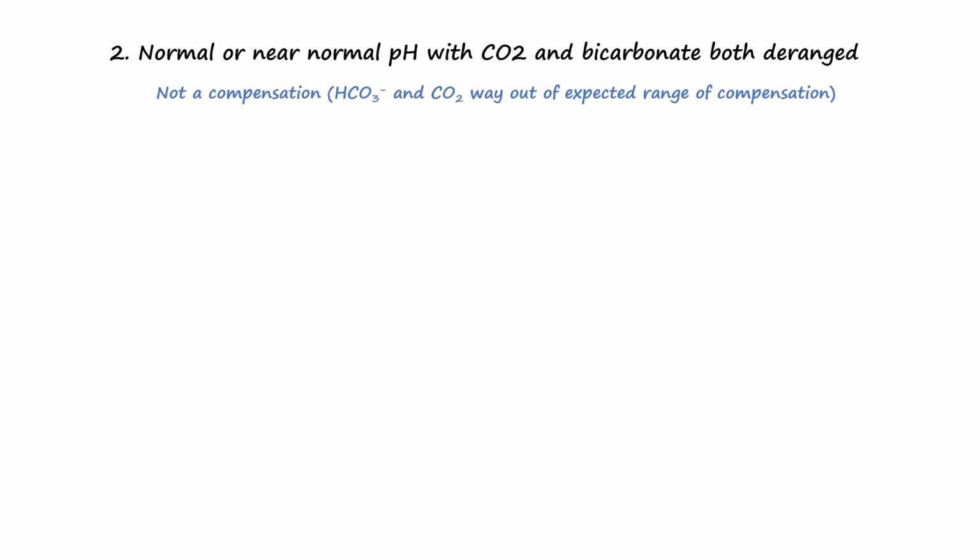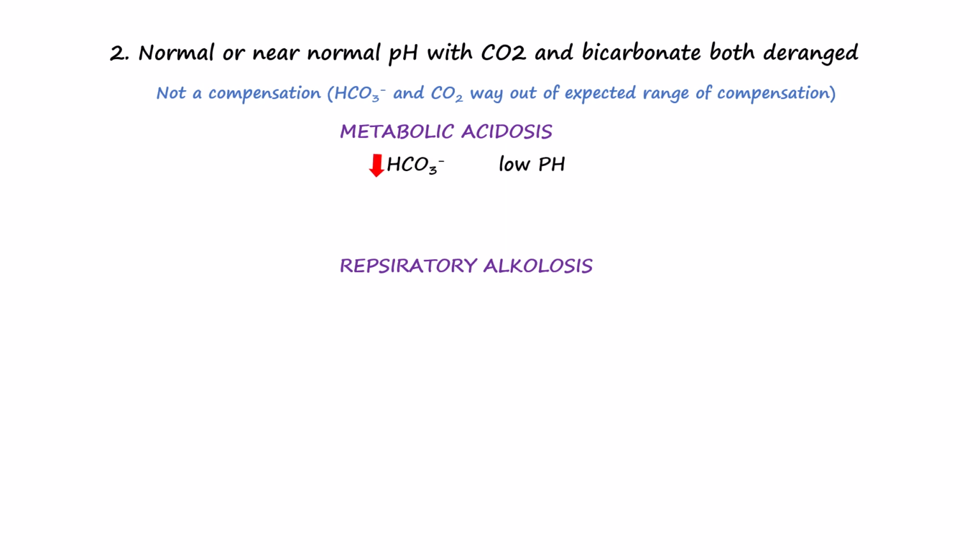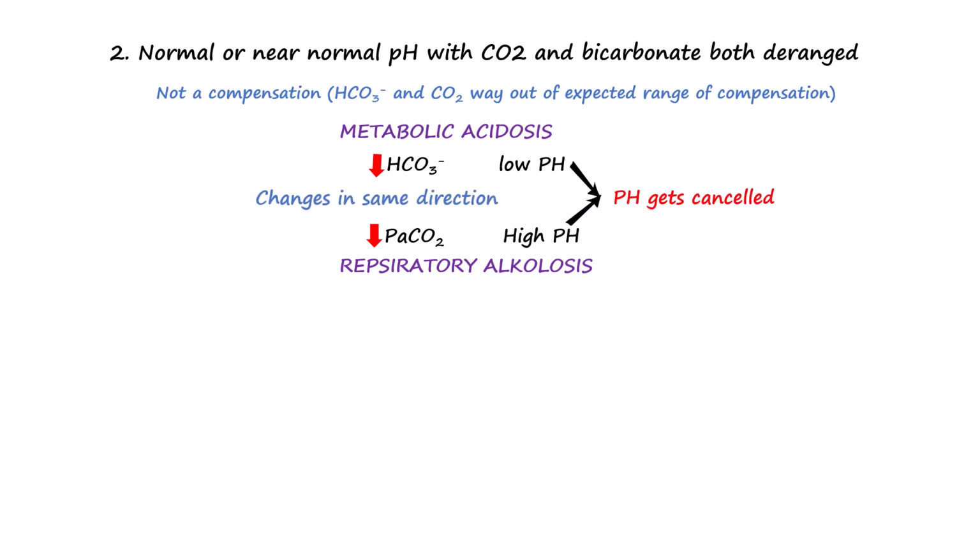For example, in a case of metabolic acidosis with respiratory alkalosis, the metabolic acidosis will lower the pH through reduced bicarbonate, while respiratory alkalosis will increase the pH by reducing the PaCO2. So these two disorders cancel out the pH, making it appear normal. And if you remember again, this is what happens in opposing mixed acid-base disorders.